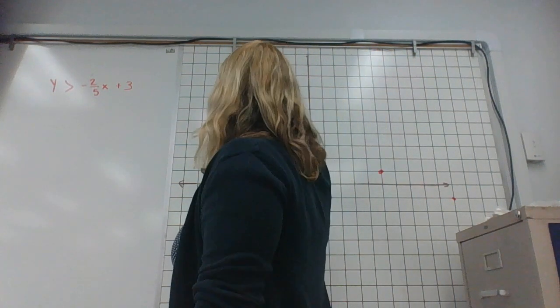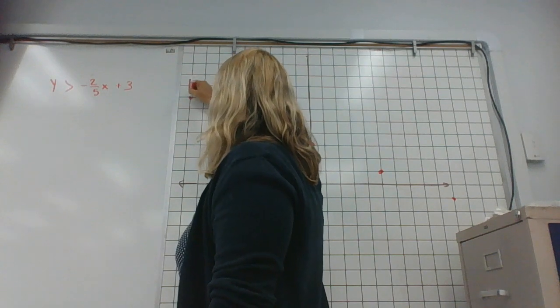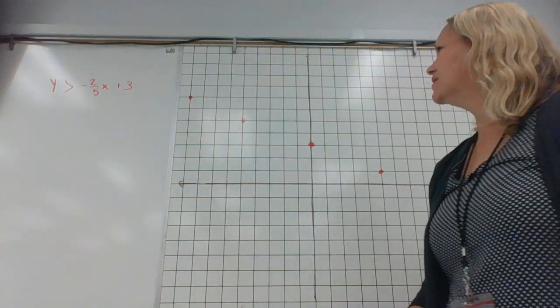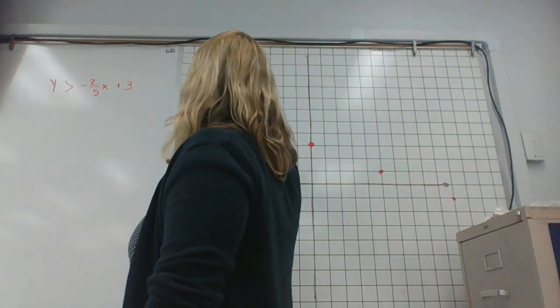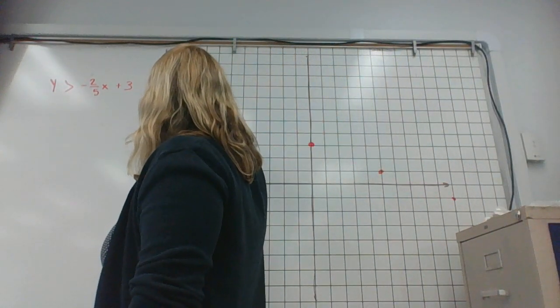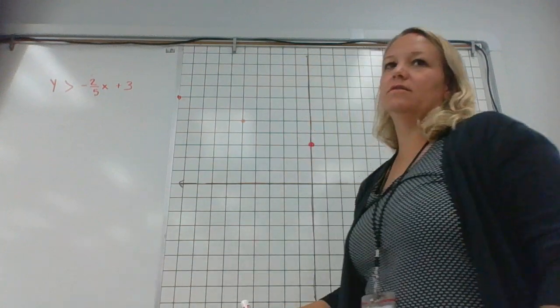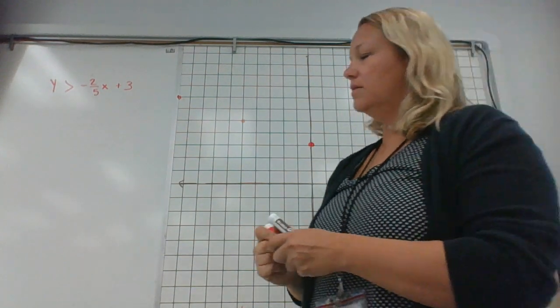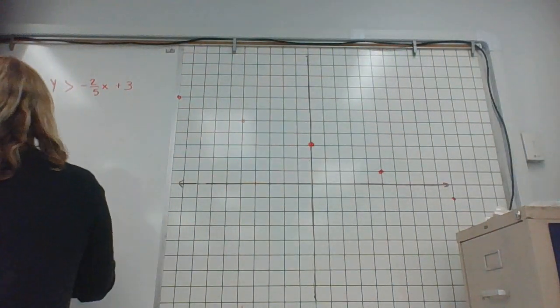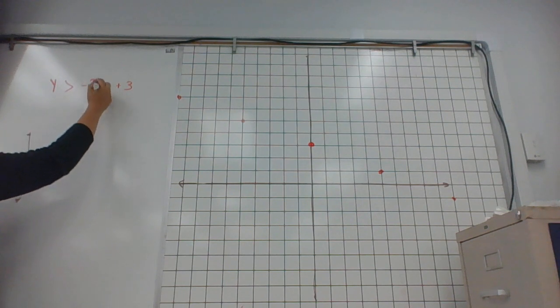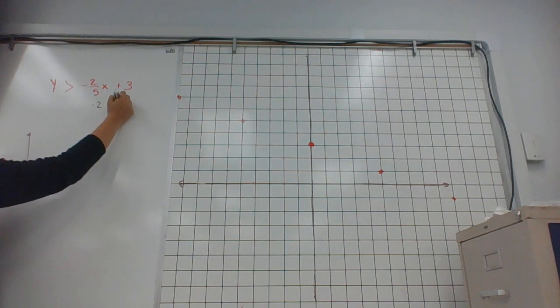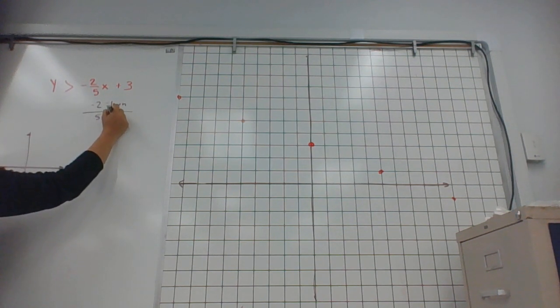You didn't have anything on there. Okay, so you didn't do a negative slope. One thing I wanted to talk about is that you go down 2, right 5.